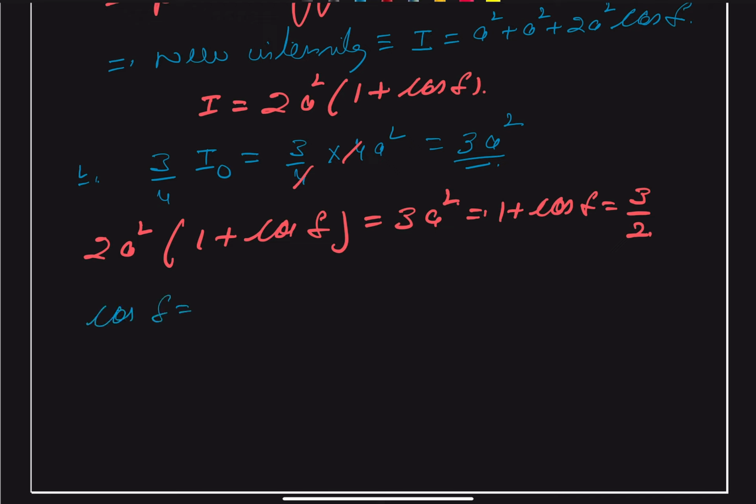Therefore delta will be pi by 3, 5 pi by 3 and so on.